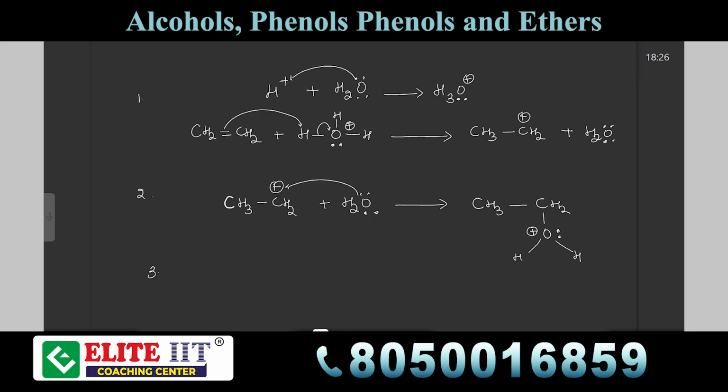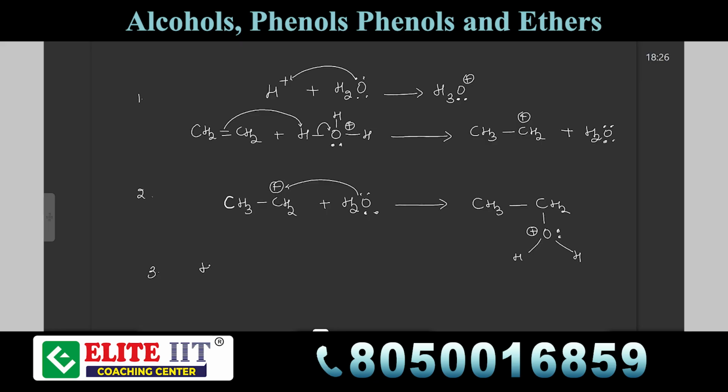Just go through both the steps once. That is, H plus, an acid, reacts with a water molecule to give an electrophilic hydronium ion, H3O plus. A positive charge is called an electrophile.